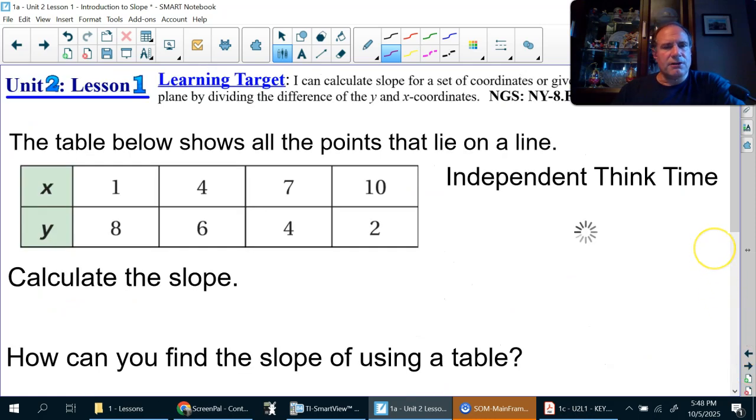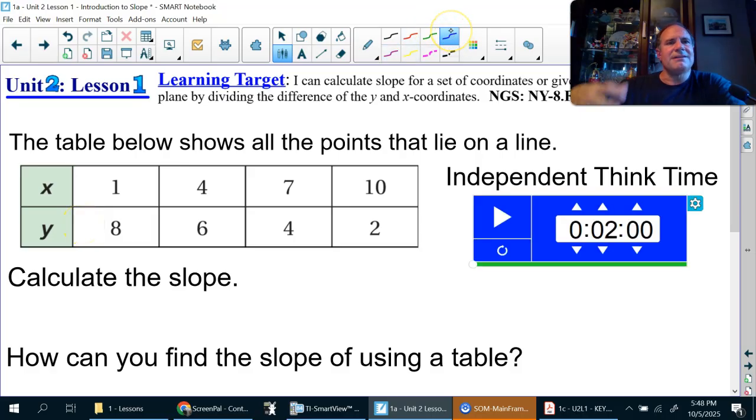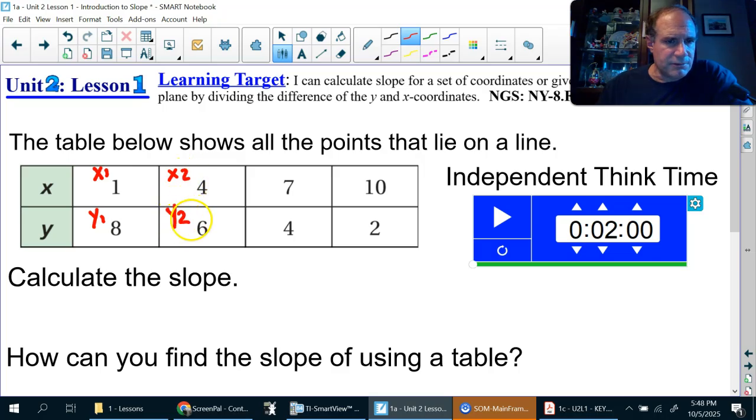All right, so here it is. Calculate the slope. You could see a little bit of a difference here because now they have a table, and a table of values is horizontal. So what do you do? Well, you just label it. This is your first x, that's x1. This is your first y, that's y1. This is x2. This is y2.